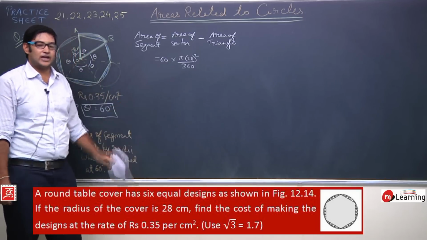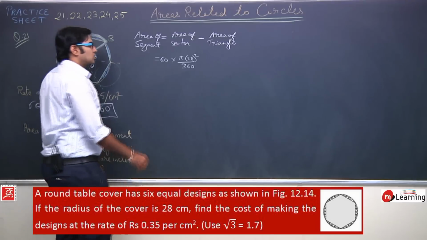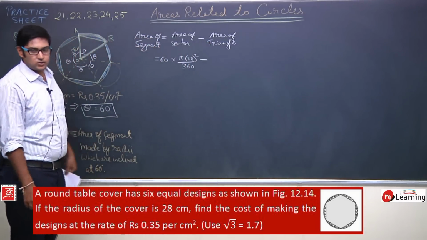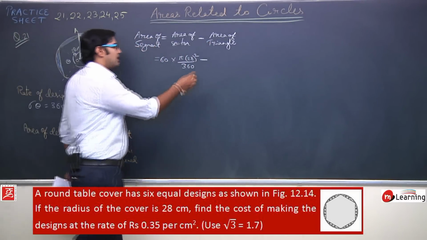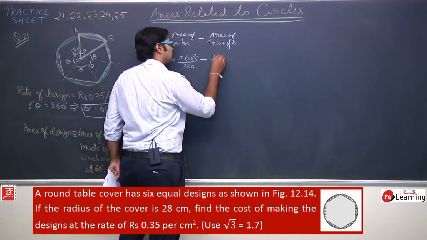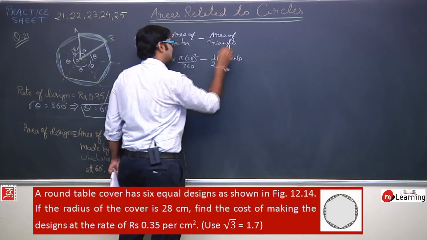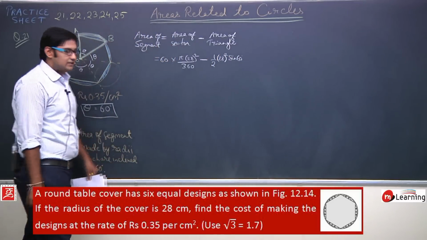This is the formula for calculating the sector. So minus, now what is the area of triangle? It is half r square sine theta. So half r square is 28 square into sine of 60 degrees, theta is 60 degrees.